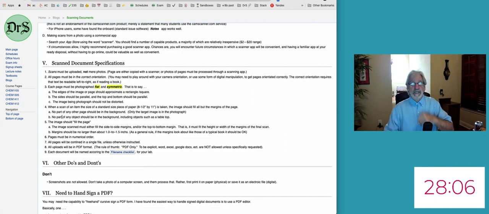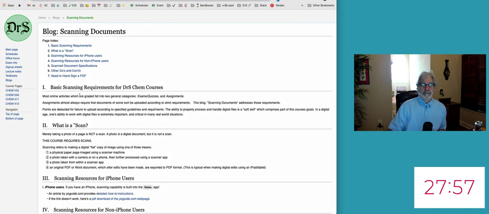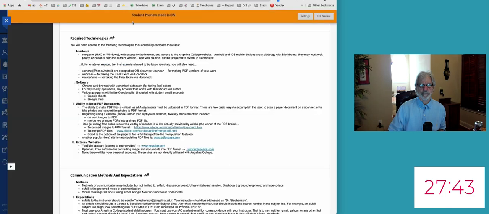So if you're either not willing or able to take something and professionally put it in PDF form and upload it, it's going to cost you dearly on your grade, because that is a requirement. Professional uploads of your work. Right. Okay. And again, all this is explained explicitly on the web page.